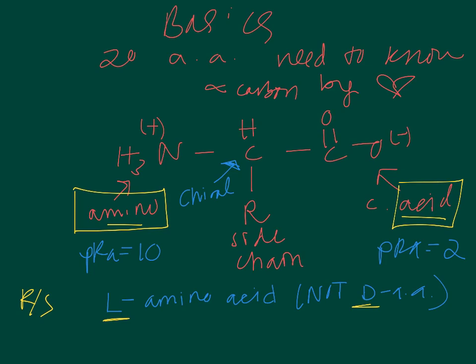Not exactly the same, but we use them in biochemistry. The way that I remember the biologically relevant amino acids are all L is because you love amino acids, and love starts with L. So all of the amino acids that are biologically relevant are of the L stereocenter, and let's just leave it at that.